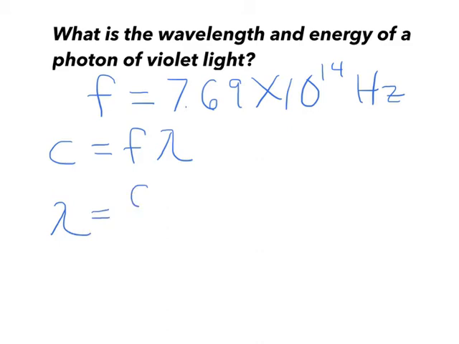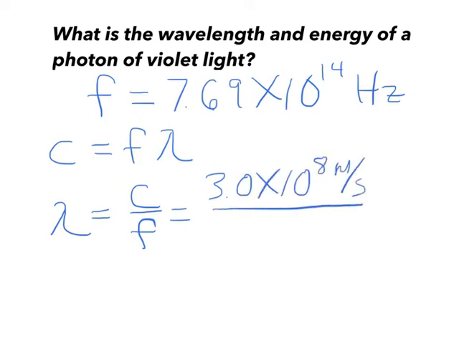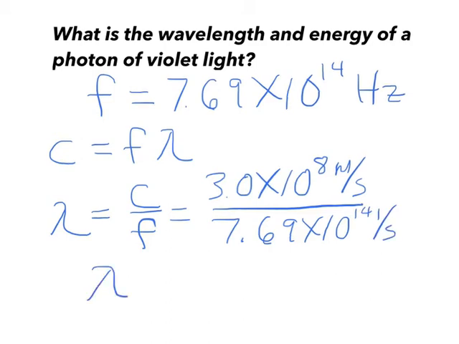Wavelength is speed of light over frequency. And the speed of light in a vacuum is 3.0 times 10 to the 8th meters per second. And I divide it by 7.69 times 10 to the 14th hertz, or per seconds. And I get a wavelength of 3.90 times 10 to the negative 7 meters.